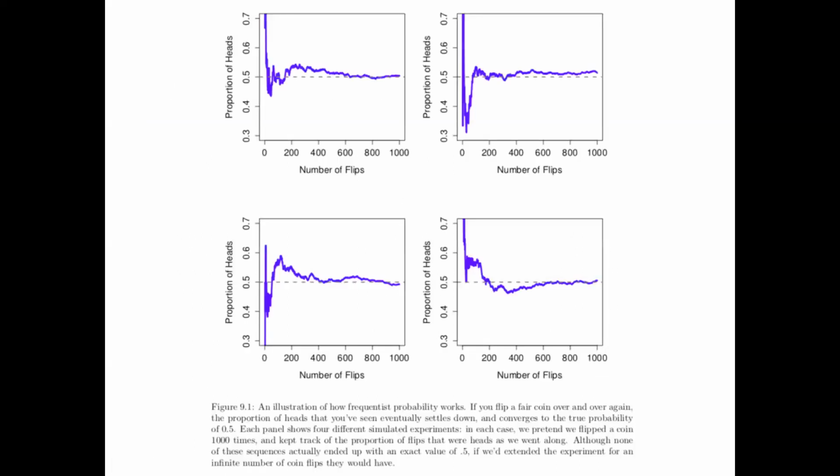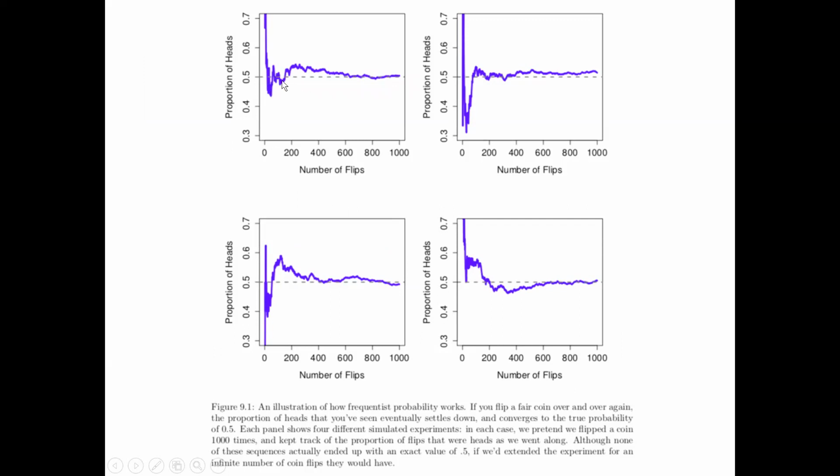So what's another way we can look at this? If you look at these 4 graphs, these are just 4 simulations. So on the left-hand side, it's the proportion of heads. And then on the x-axis, we see the number of flips. So you can see, at least in this trial, when the number of flips is still quite small, the proportion of heads is pretty erratic, but still kind of centered around 0.5, right?